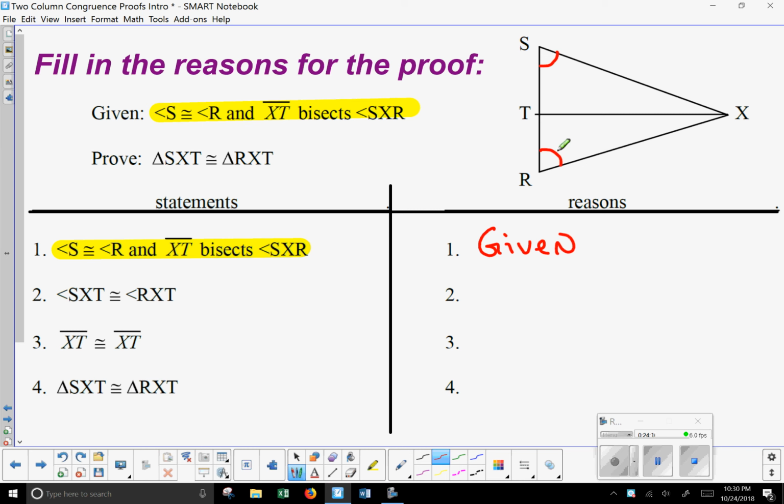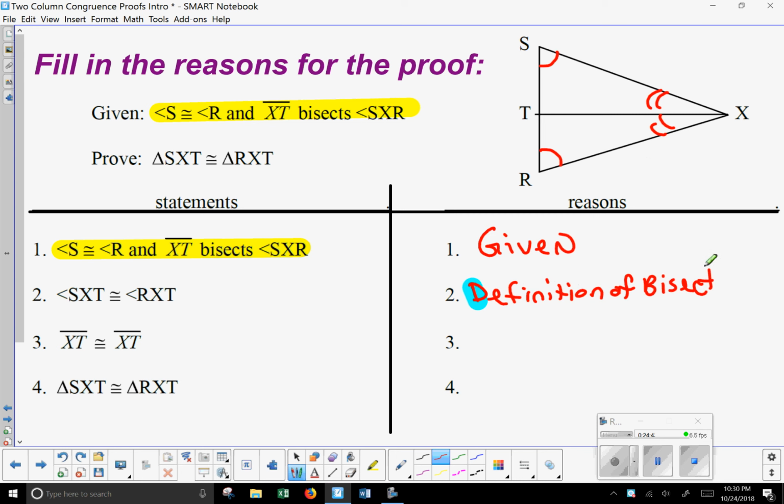But what does it mean to bisect? We said it broke it into two things that were the same size, that were congruent. So I know angle SXT is congruent to angle RXT because that was the definition of bisect.